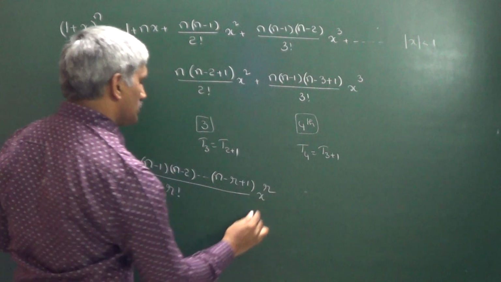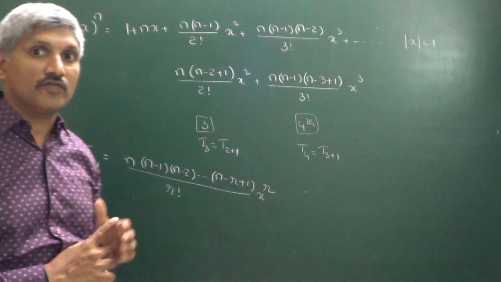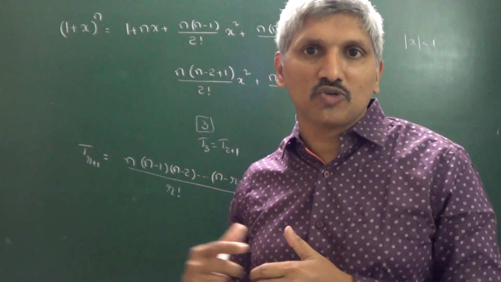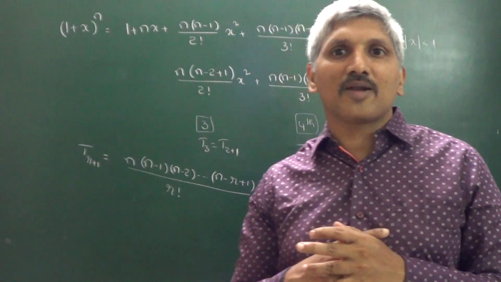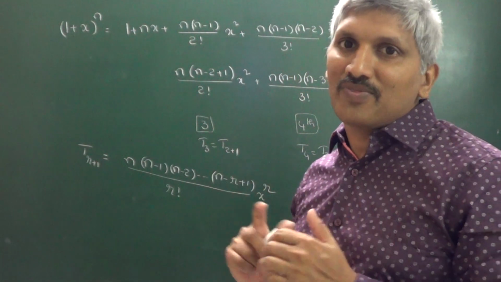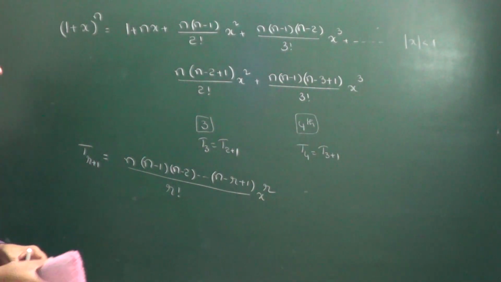So this is the general term in the expansion of (1 + x)^n: n(n-1)(n-2)... (n-r+1)/r! x^r.